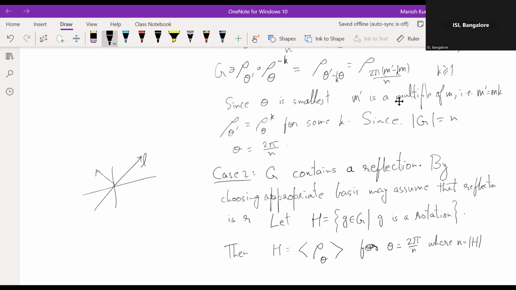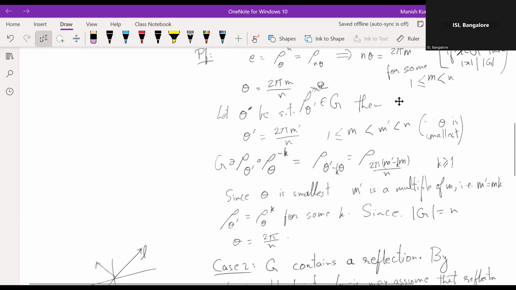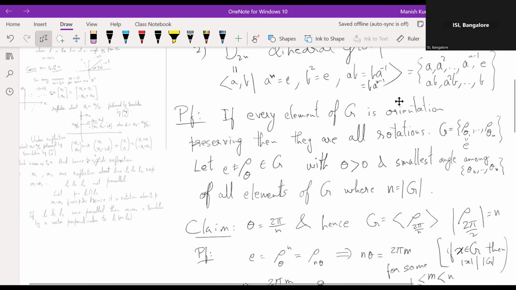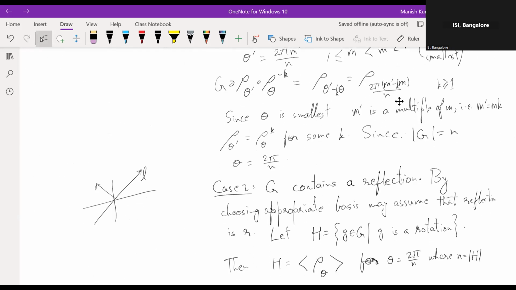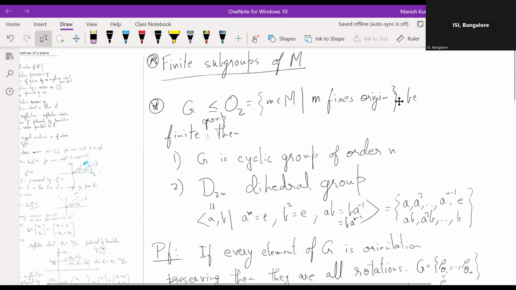Remember G is a subgroup of O2, so it contains some rotations, some reflections, and so on.